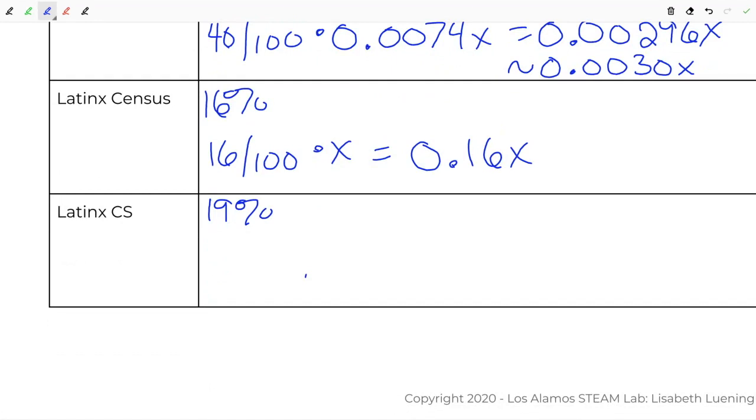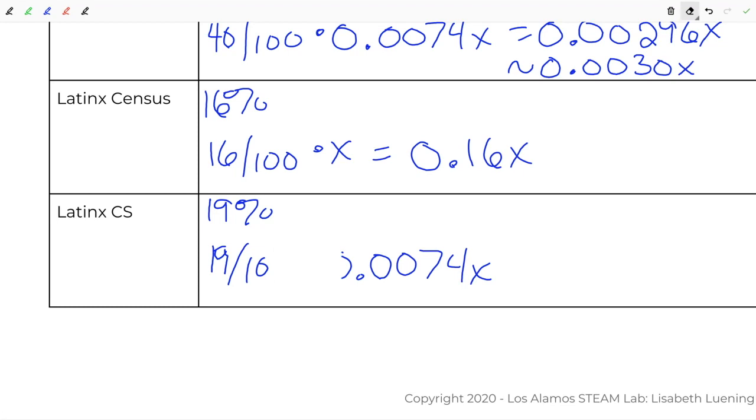And so this works out to be 19 out of 100 times 0.0074X. And I shouldn't have put a times here.